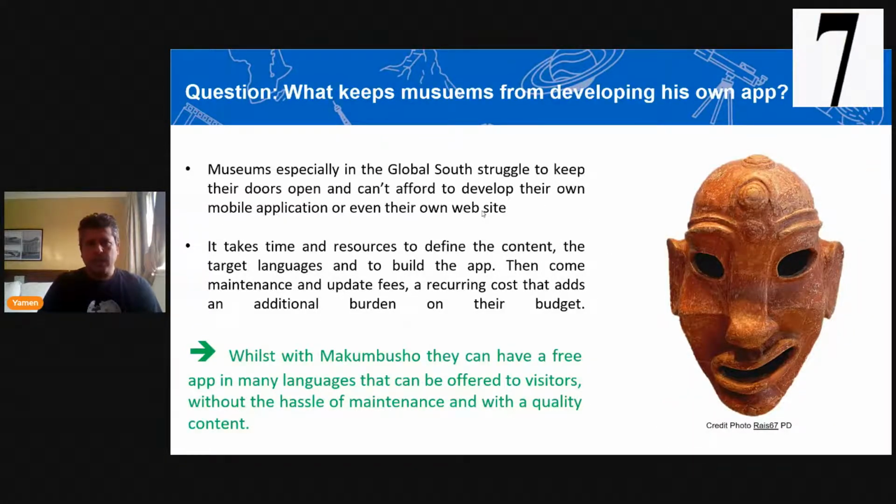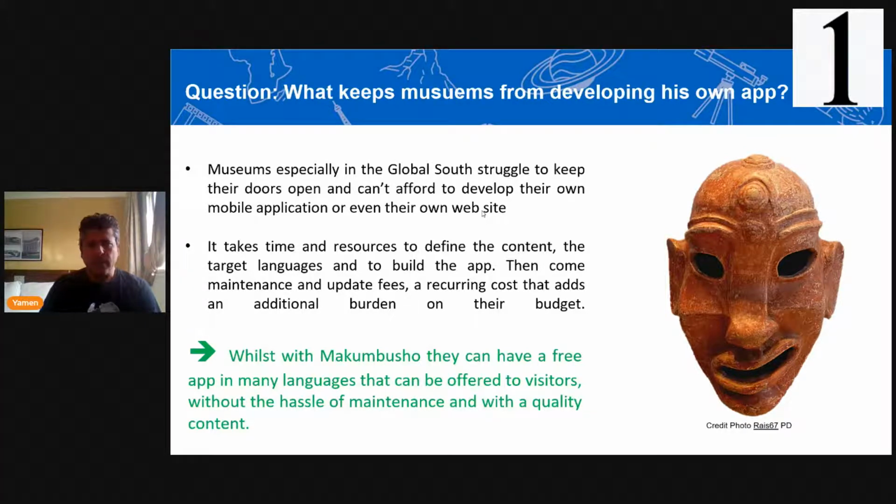But we can ask ourselves the question: what keeps museums from developing their own apps? Museums, especially in the global south, as we said, struggle to keep their doors open. They don't have enough resources to build these applications. It takes time and resources to define the content, the targets, the languages, and to build this kind of app.